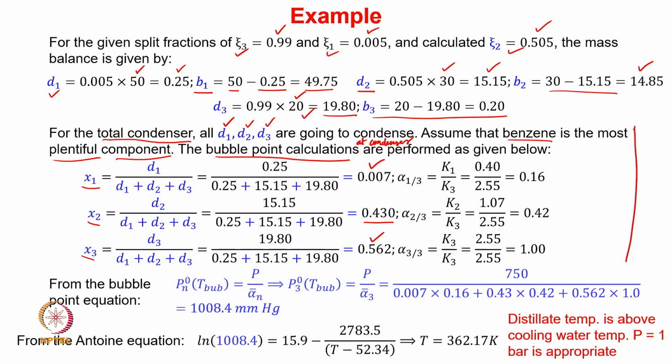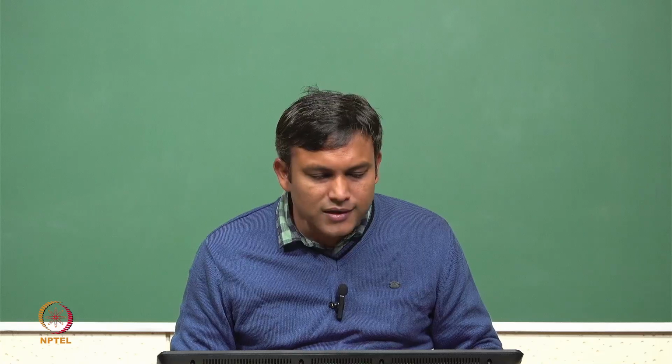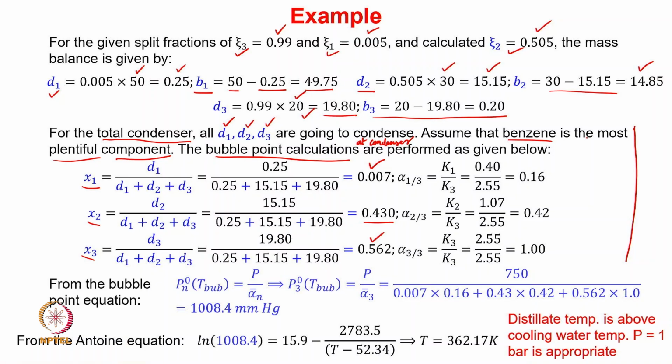Remember, when we are doing the bubble point calculations for the condenser, we have to do the calculations based on the component which is available in a plentiful amount. So in this case, the benzene is the component which is present abundantly. So now, since the benzene is present abundantly, we have to calculate all the alphas with respect to the third component, which is nothing but benzene.